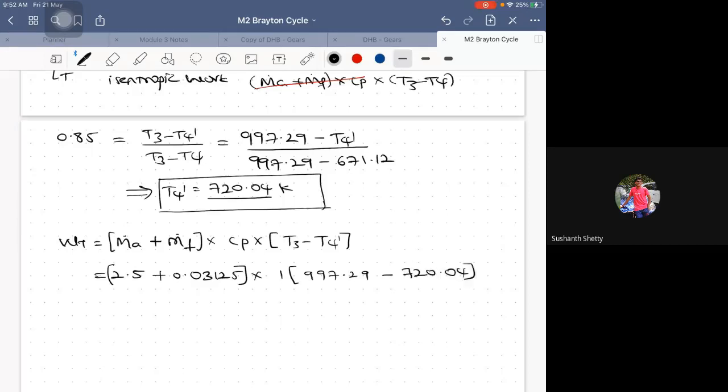So already you have matched the units, that would be in kilowatts.